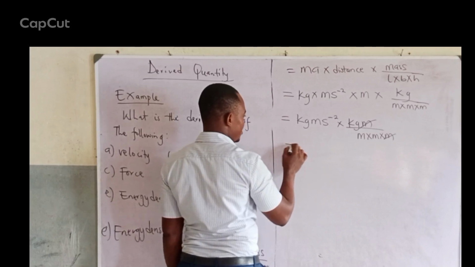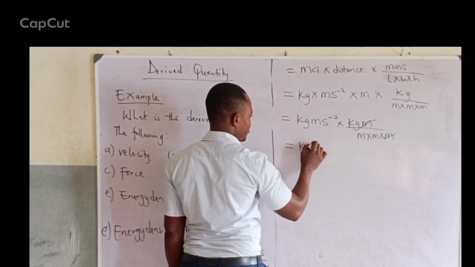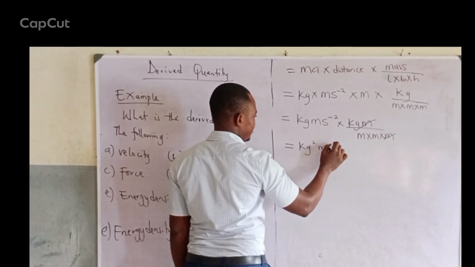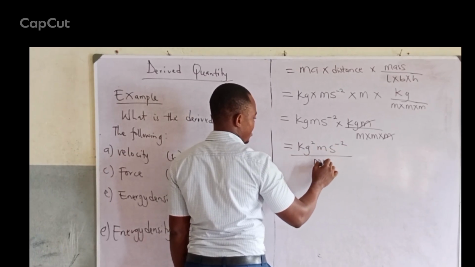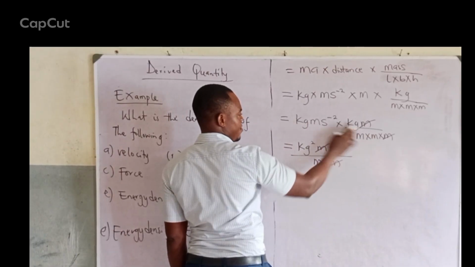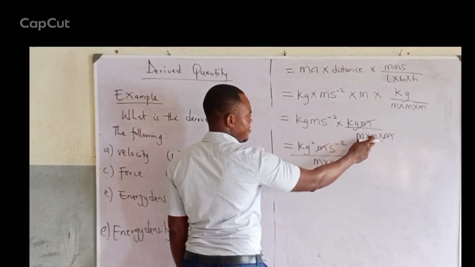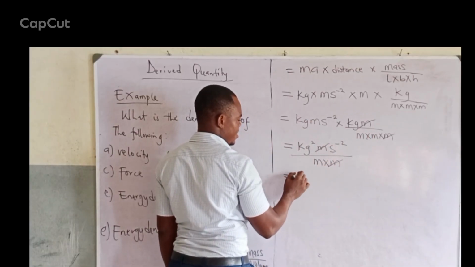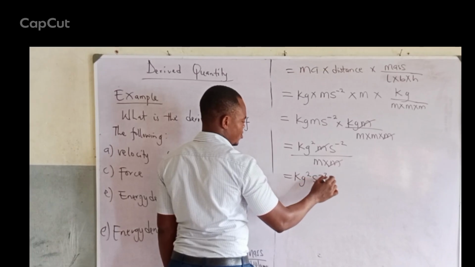We are left with this times this: kg square m s^-2 over m times m. This m will cancel this m. We could cancel here, but I didn't want to do it that way. It's still the same. This is kg square s^-2 over m.